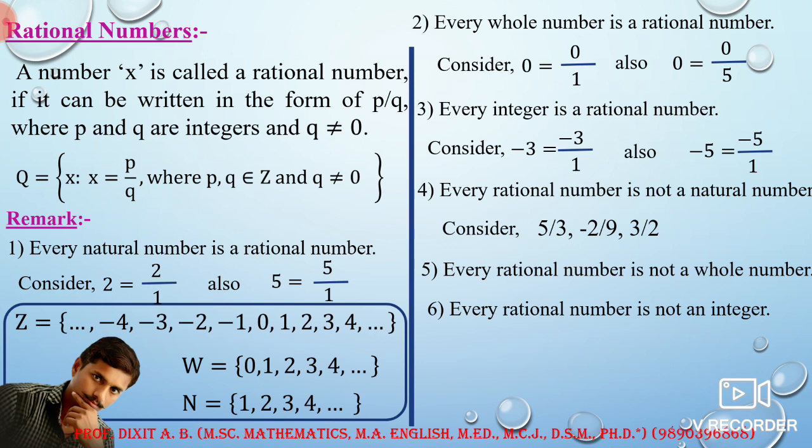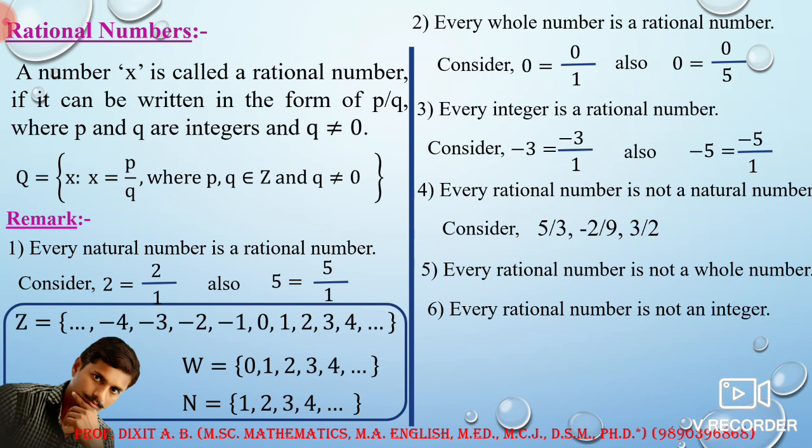Up to this point we have seen natural numbers 1, 2, 3, 4, and so on up to infinity; whole numbers 0, 1, 2, 3, 4, and so on up to infinity; integers, negative numbers, positive numbers and 0, that means whole numbers and negatives of natural numbers are integers.